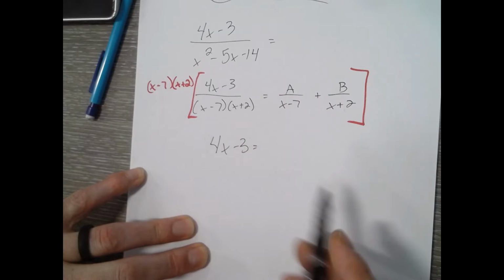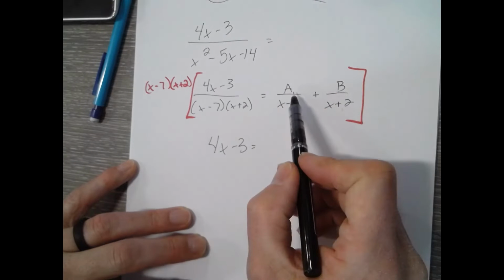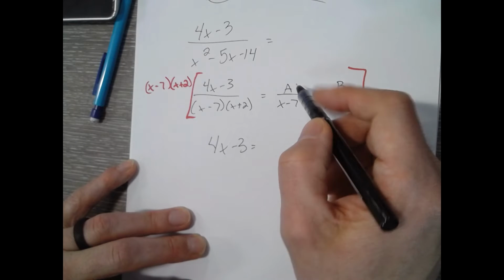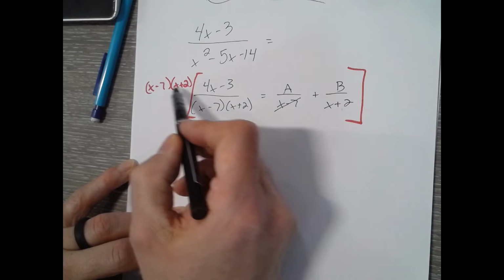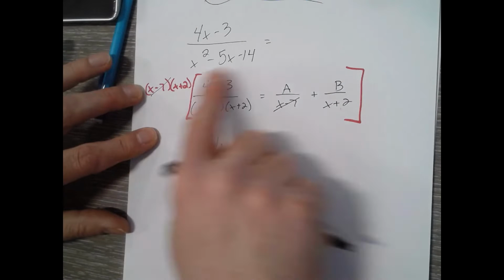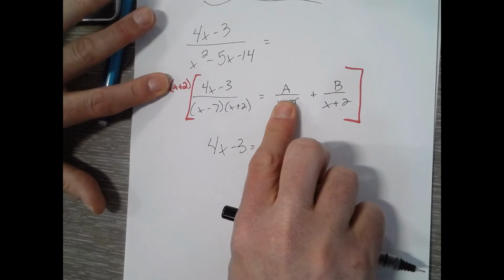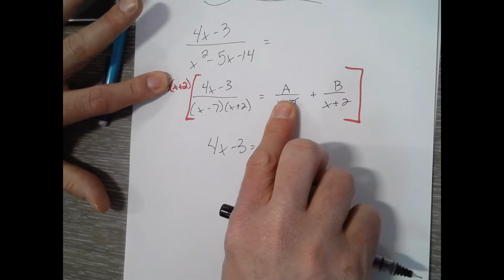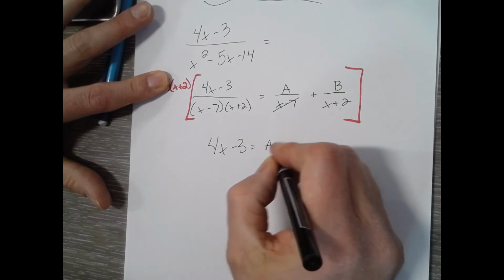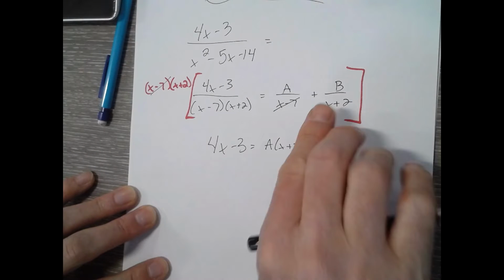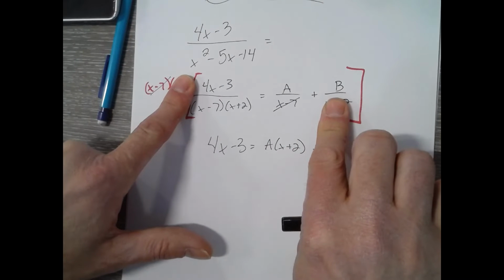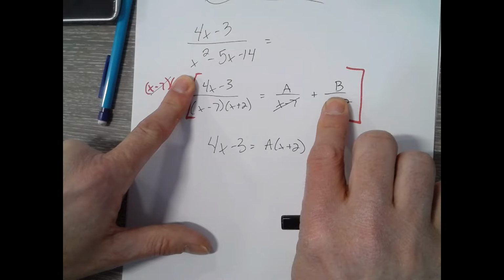Equals, if I distribute that here, it'll be A times (x minus 7)(x plus 2). And you can notice that the x minus 7s are going to divide off. Once you distribute that, these will divide off, and I have A times (x plus 2). And then if I distribute it to the last one, the x plus 2's cross off, and it'll just be B times (x minus 7).